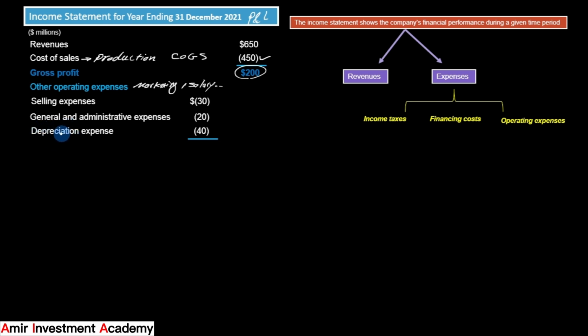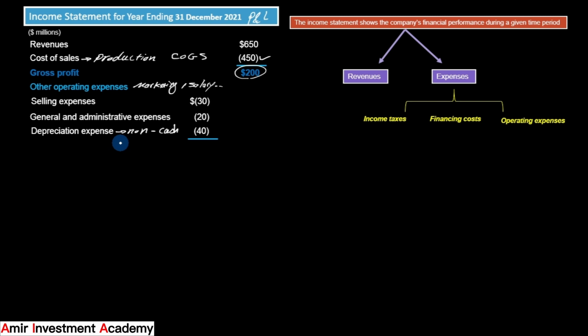Now, the point about this depreciation expense is that it is a non-cash expense, meaning that although we bought a long-term asset, let's say an equipment, we decided to allocate something called depreciation expense and then expense that long-term asset over the useful life of that asset.